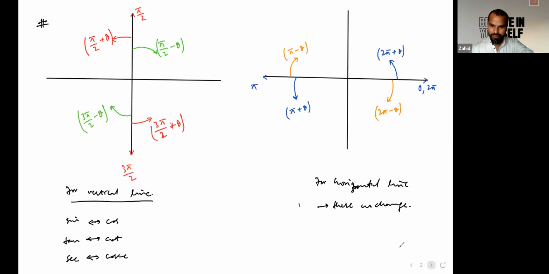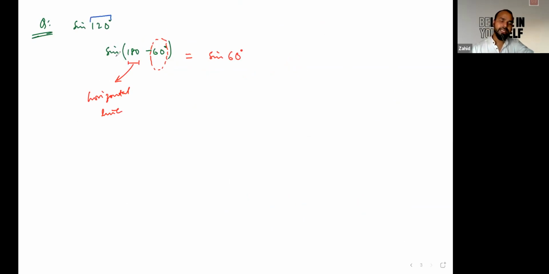So by this convention, we can say sine theta would be positive. So this would be plus sign. Now just write the value of sine 60 degree. It would be plus root 3 over 2. So sine of 120 degree is equal to root 3 by 2. Is it clear to everyone? Yes, sir.